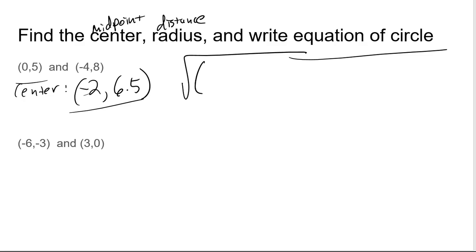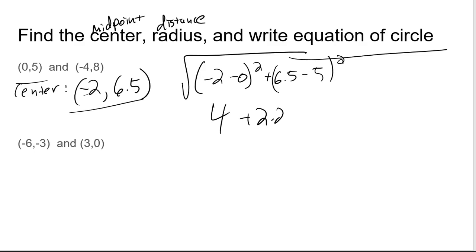So square root, we're going to go (-2 minus 0) squared plus (6.5 minus 5) squared. So it'd be 4 because -2 minus 0 is still -2. 6.5 minus 5 is 1.5. 1.5 squared is 2.25. Add those together, it equals 6.25. And we're going to leave it just like that.